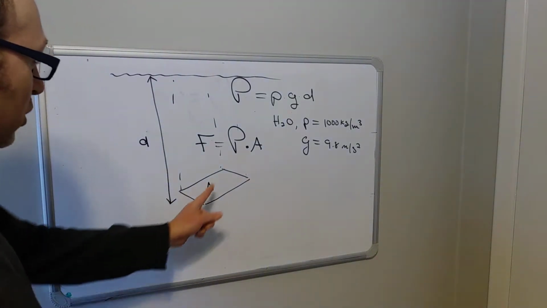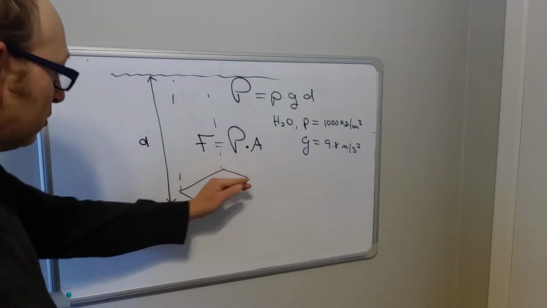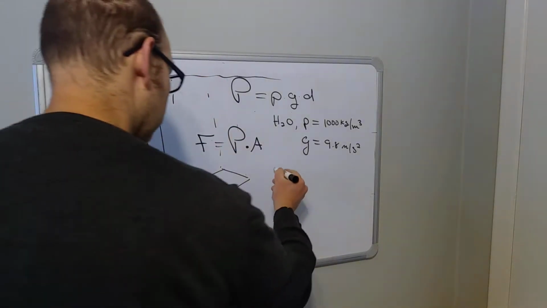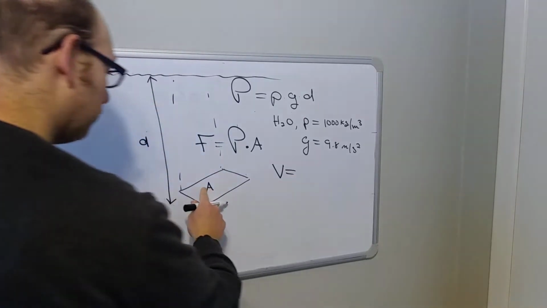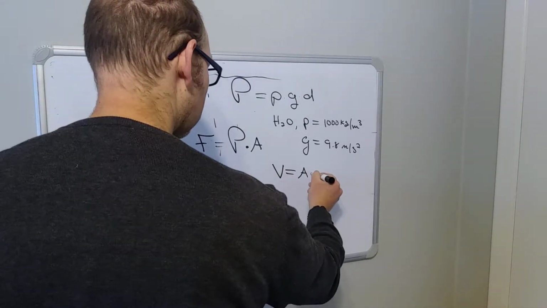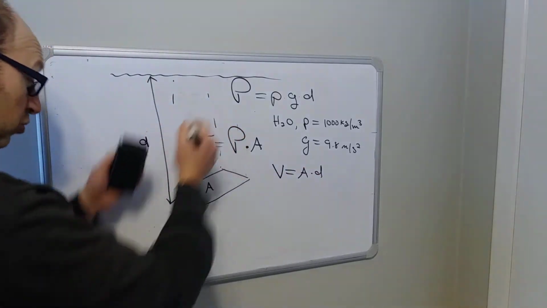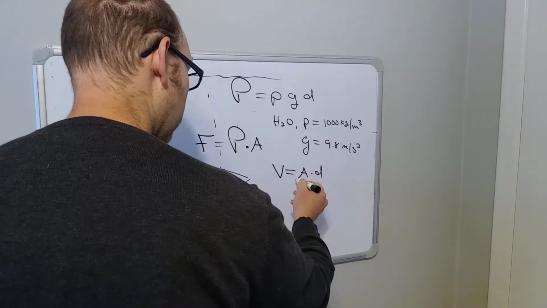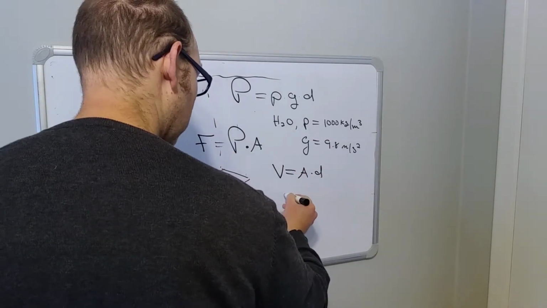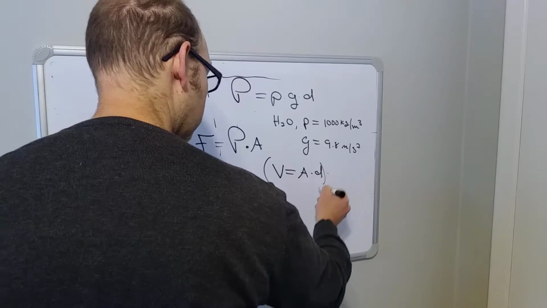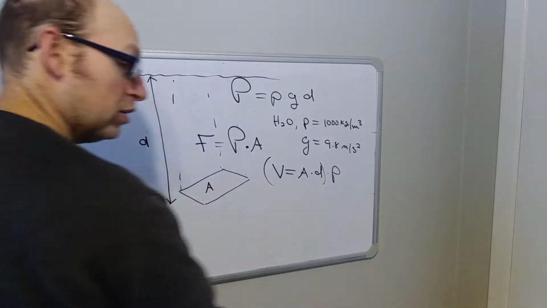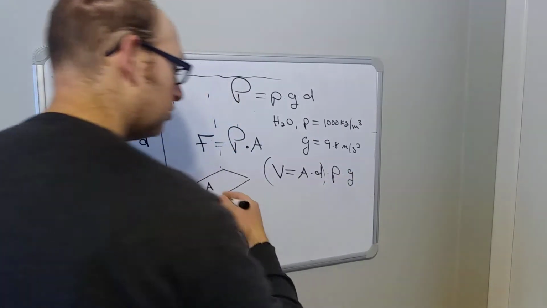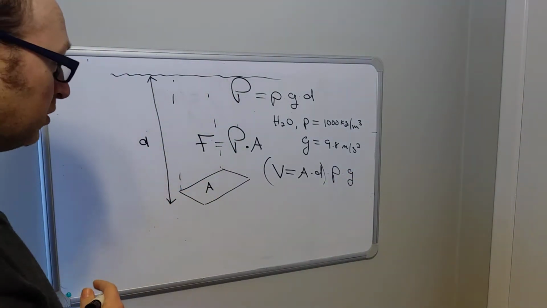And if you work it out, the area times the depth would be the volume, right? So the volume of the water above the area would be the area times the depth. It's just a big rectangle. And then if you want the weight from gravity on that, you would multiply the volume by the density to turn it into a mass in kilograms. And then you'd multiply by G to get the force due to gravity.